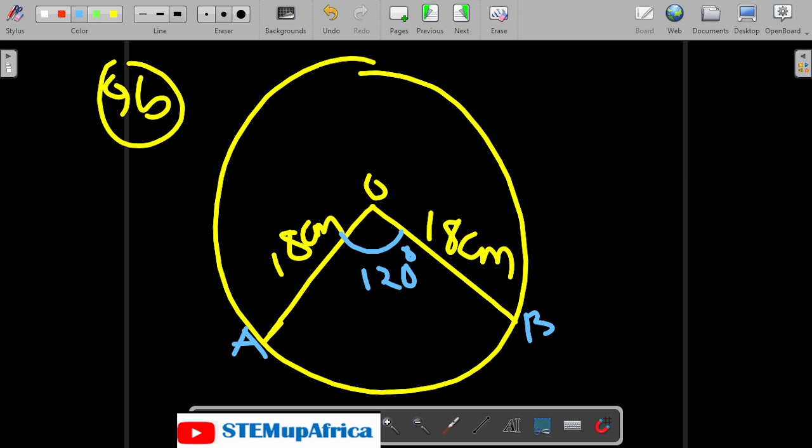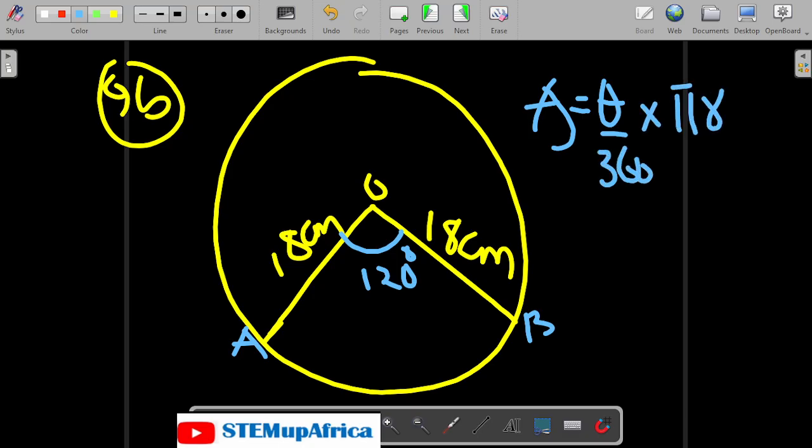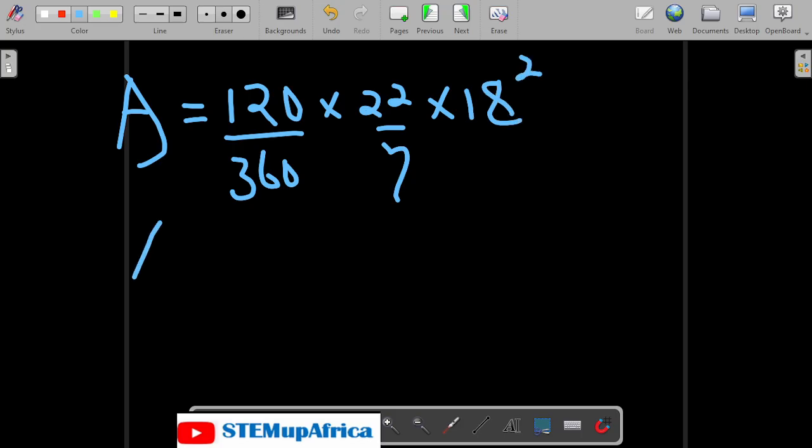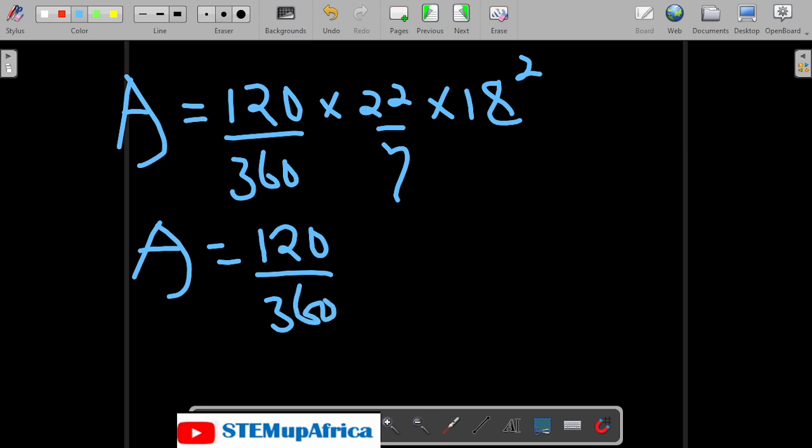So what's the area of a sector? Area of a sector is theta over 360 times pi r squared. Let's fit in our values. So my area now will be 120 over 360 times 22/7 times 80 squared.